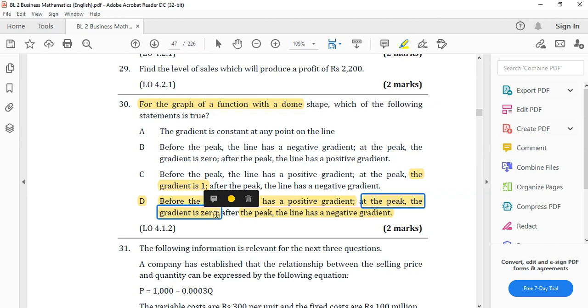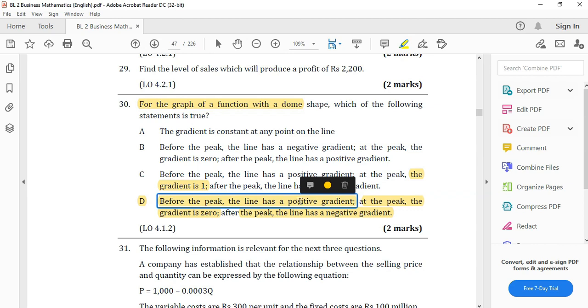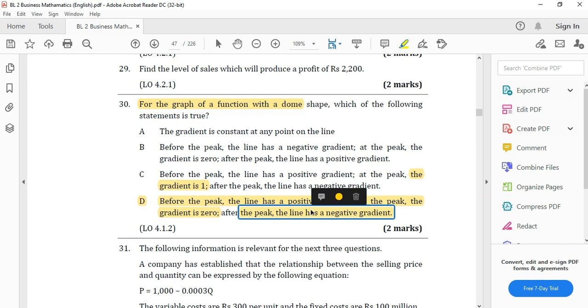So the differentiation formula must be equal to 0 when you are at the maximum or minimum point. You have to do it. And before the maximum point, the line will have a positive gradient, and after the peak, it's a negative gradient.